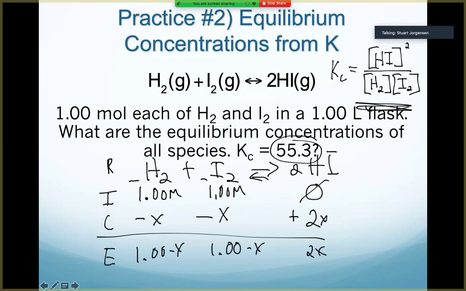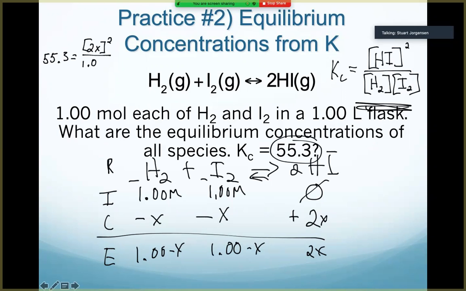Oh, cool. Sorry, I'm kind of squeezing it in here, but I think we can actually plug in then and solve for a variable. We knew that KC was 55.3. That's going to be equal to our HI concentration squared, which was our 2X at equilibrium.